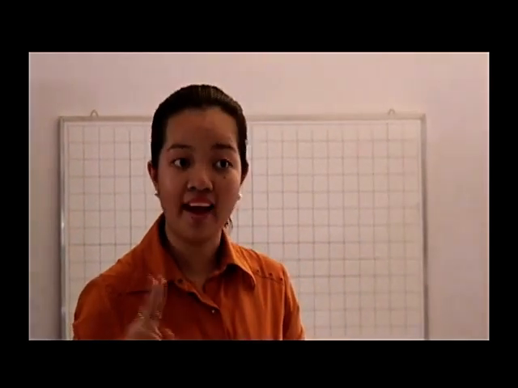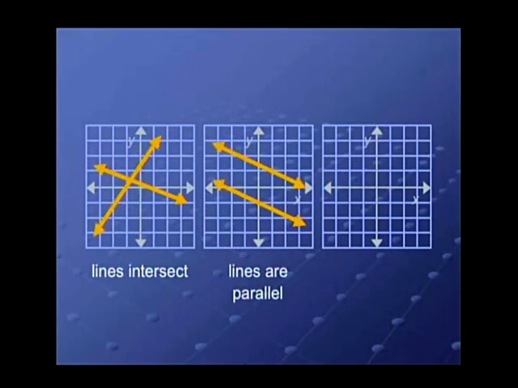You got it! So, given any 2 lines on the coordinate plane, only one of 3 things can happen. First, they can intersect. Second, they won't, since they're parallel. Third, they coincide, meaning they lie on top of one another.